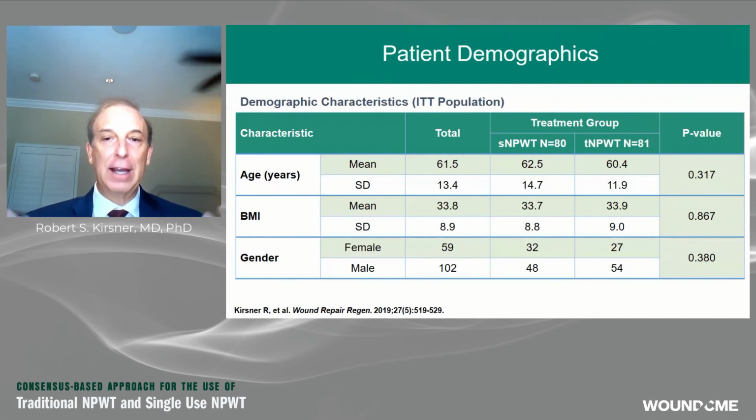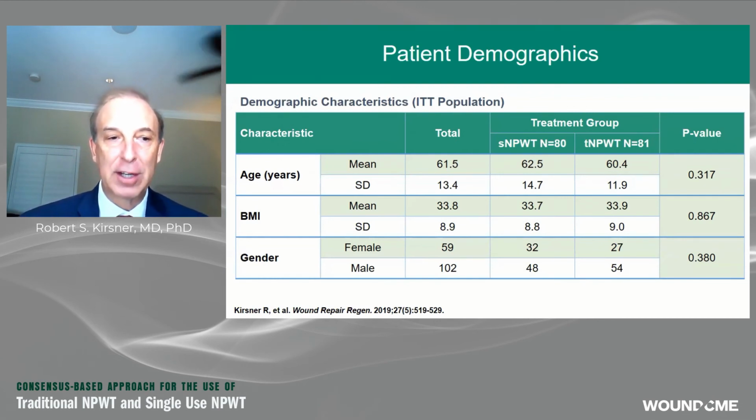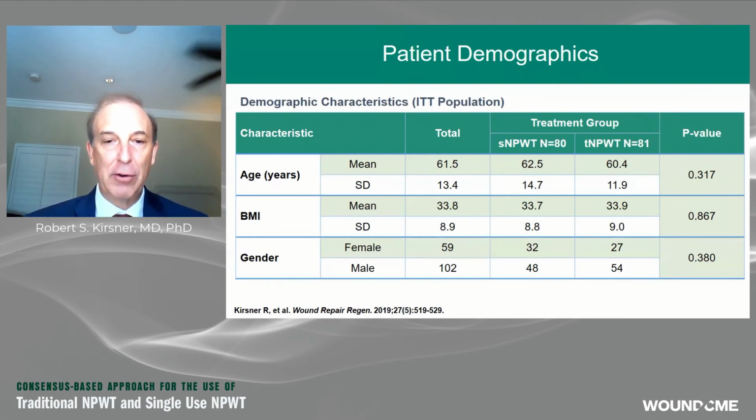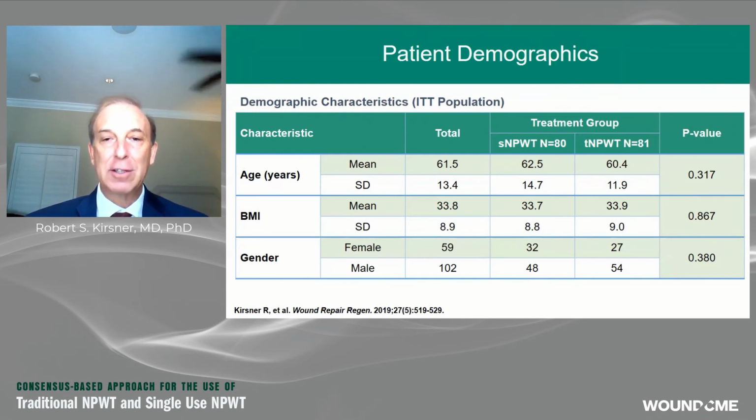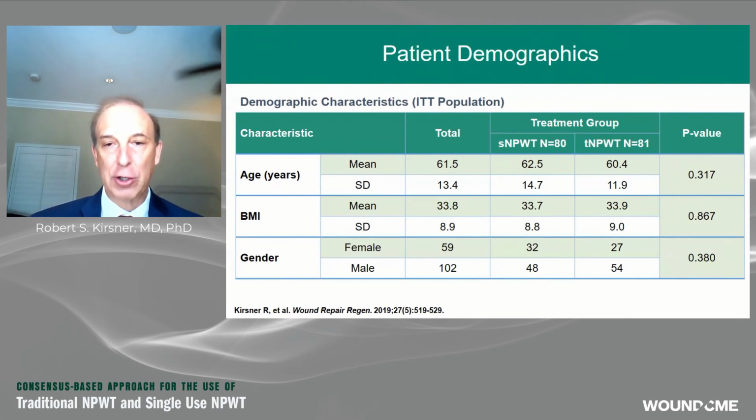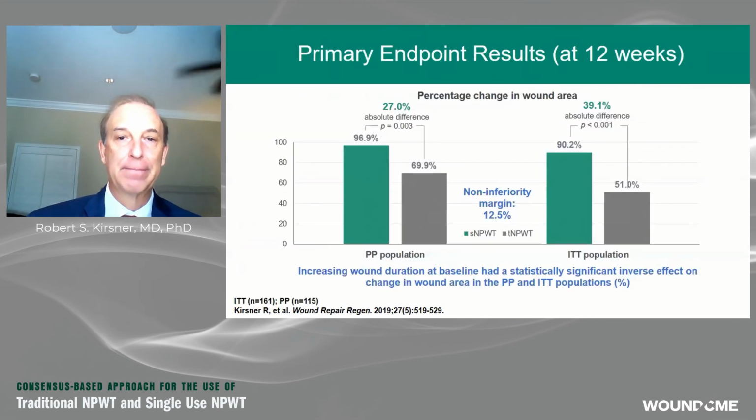These were adults in their early 60s. They were similar in body composition, similar BMIs, and similar in gender distribution between the group that was randomized to the single-use negative pressure and to the traditional negative pressure. And this 80 and 81 represents the intent to treat population, which again is the superiority analysis.